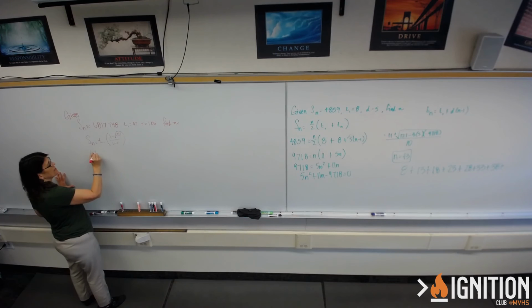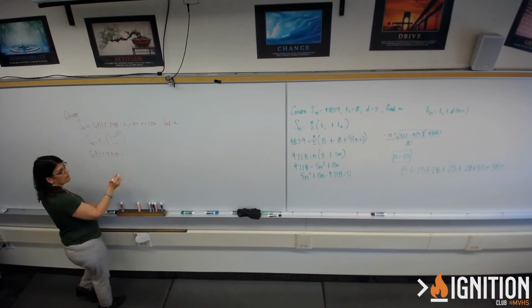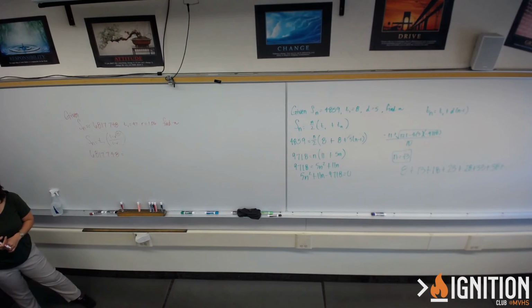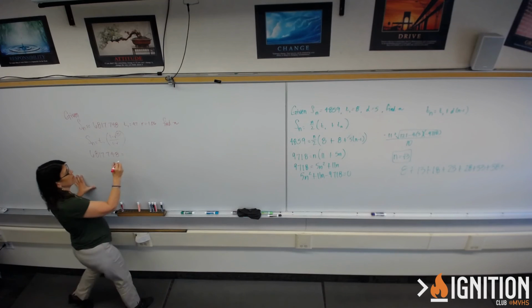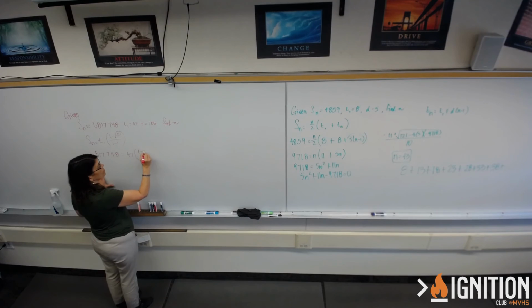So we're going to say 6,817.748 equals, what's the first term? 47, times 1 minus, what's r? 1.06 to the n, over 1 minus 1.06.